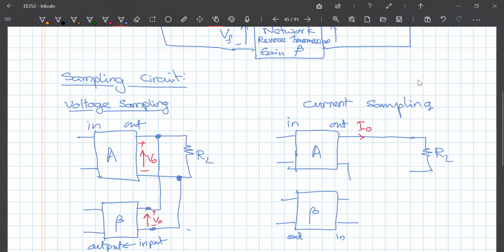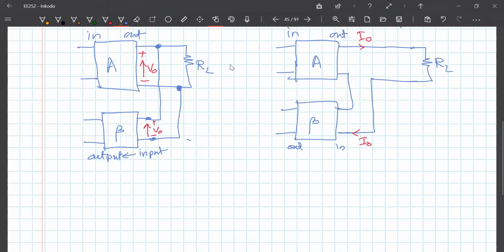You have to connect this circuit in series, like this, so that the same current flows to this I out. So this goes to this. So that is the input of the circuit. So this is called the current sampling. Hopefully this is clear.